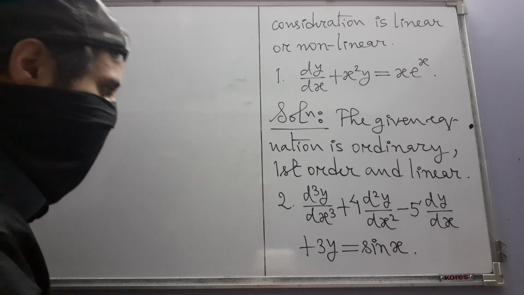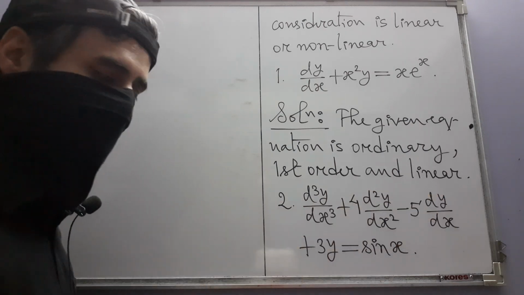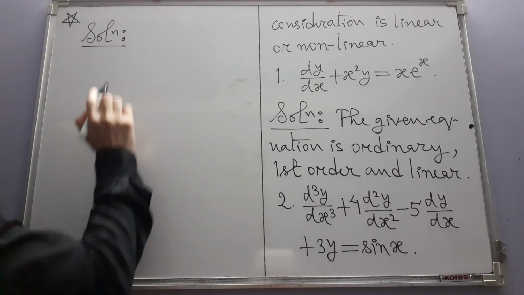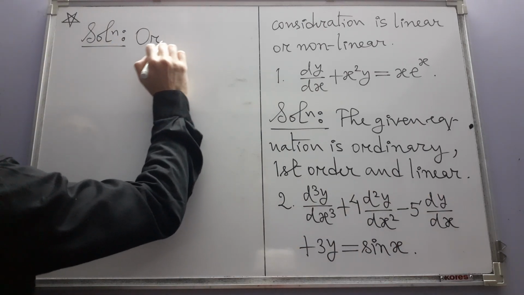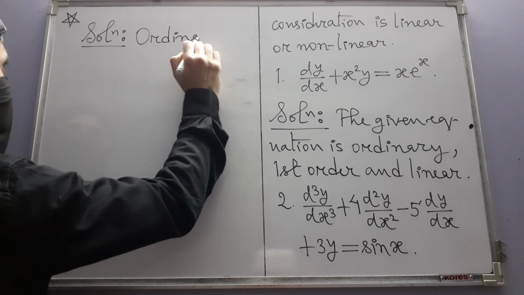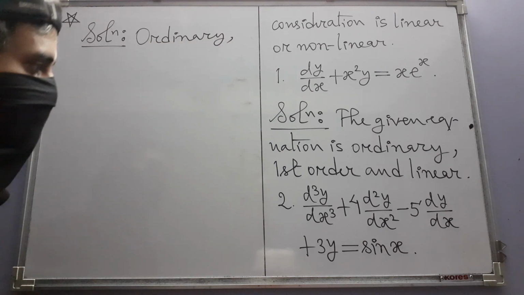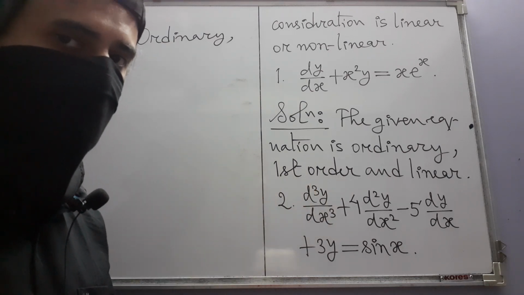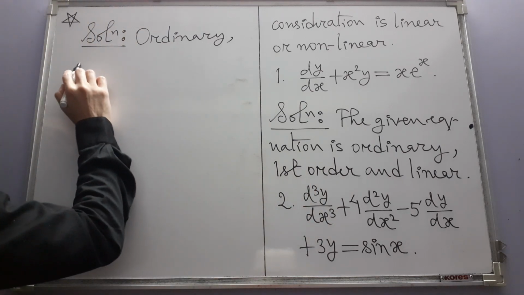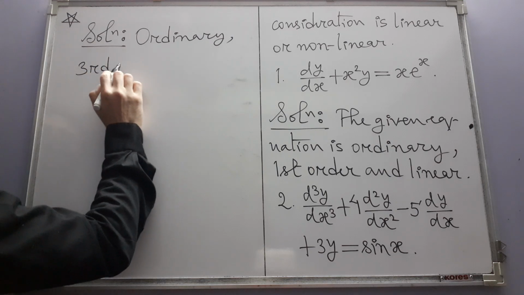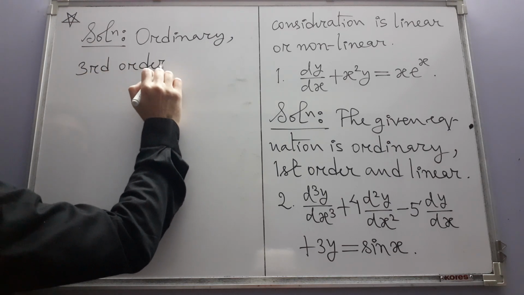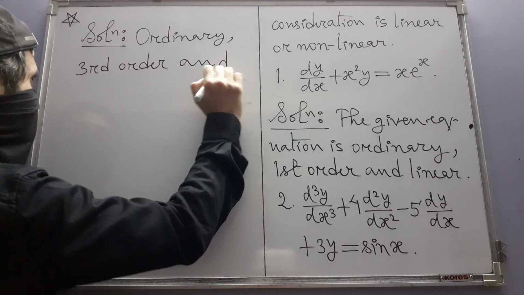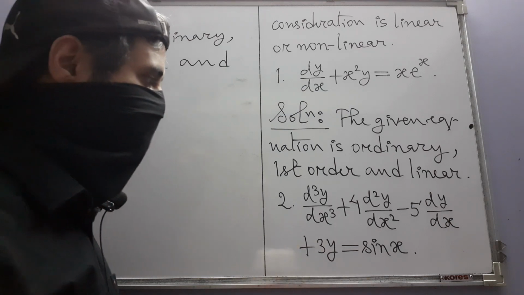This one again is ordinary because only ordinary derivatives are involved. Then the highest order derivative is the third order, so the equation is a third order equation. And what about linearity?